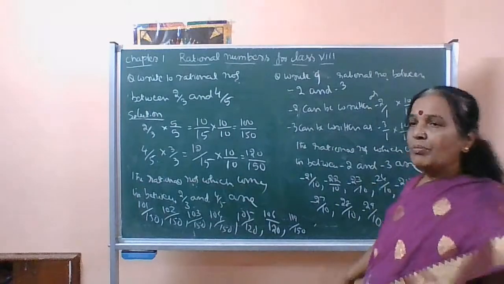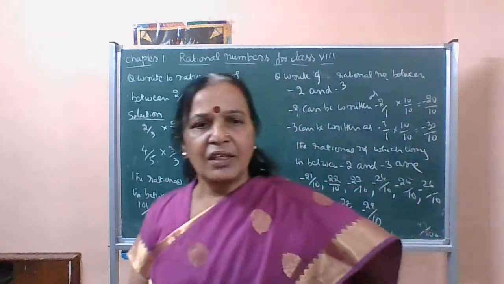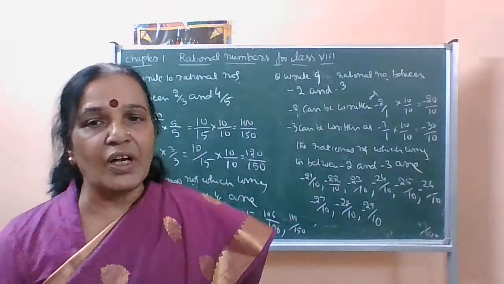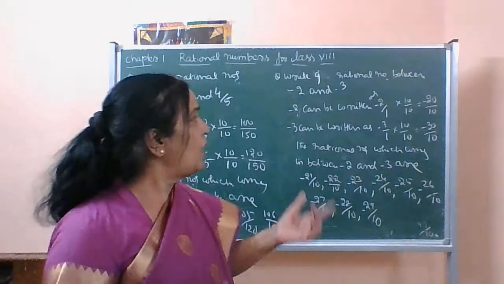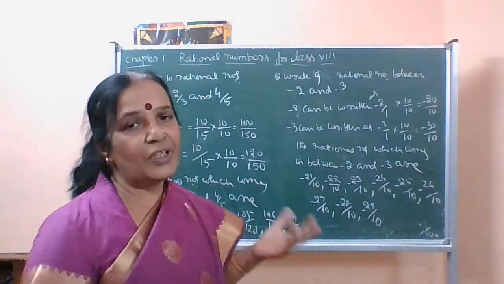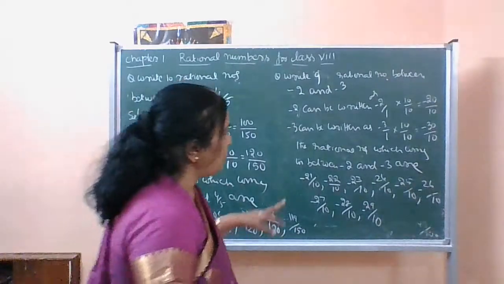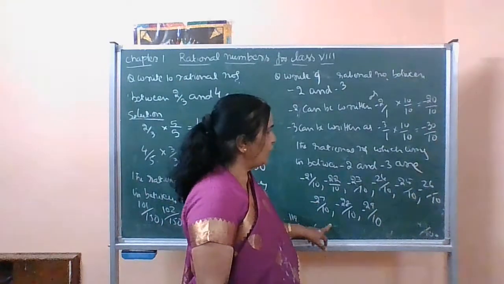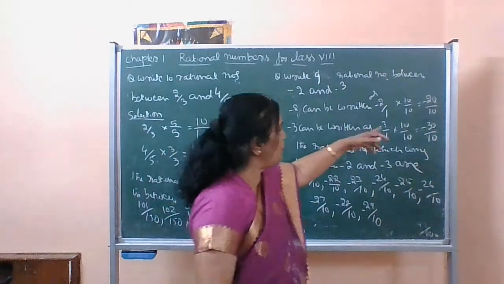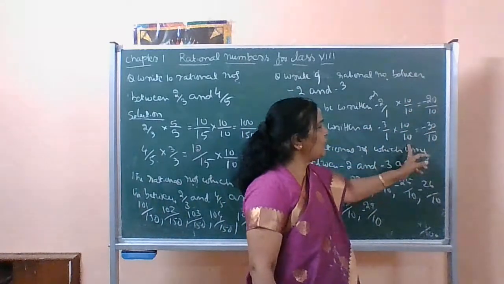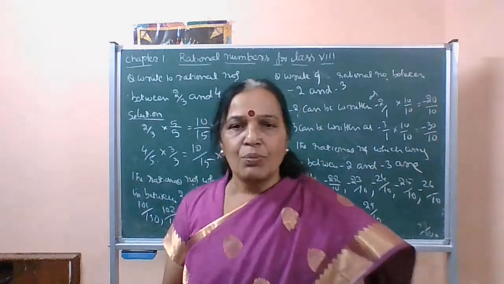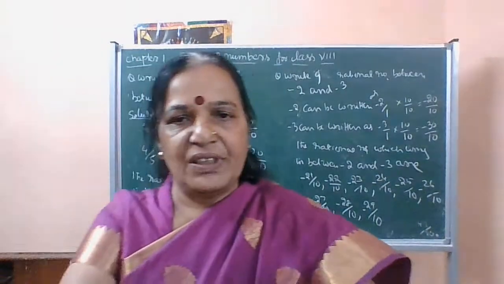And then what happens? Multiply both numerator and denominator by 10. If you want, you can multiply by 20 also. And then you will get more rational numbers. If you multiply by 10, you have got only 10. Therefore, you can multiply here 20 by 20. You will get more rational numbers.